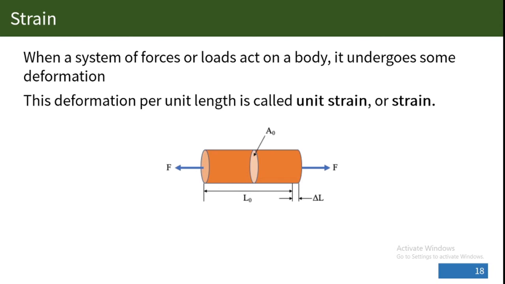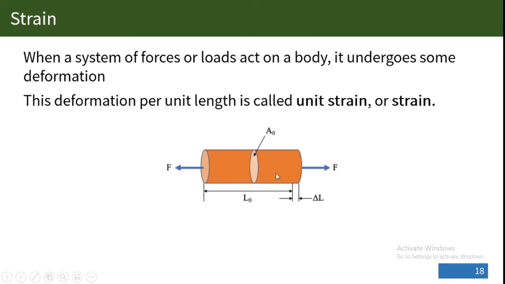Looking at this figure, you can see that there is an external force, denoted by F, applied on this body. We can see that the applied force tends to elongate the body. So there is a deformation that tends to increase the length of the body.